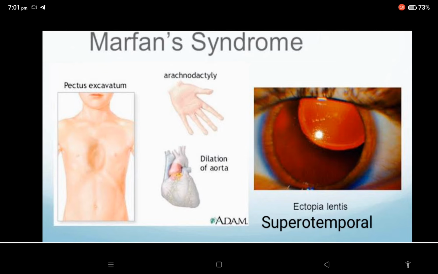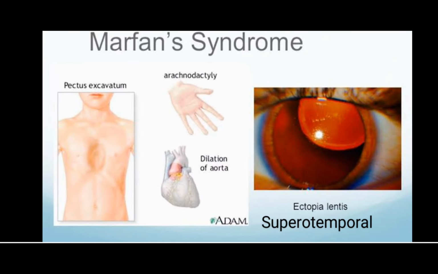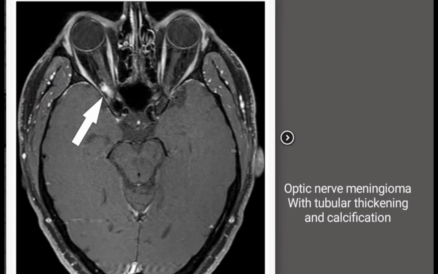Fans out means a fan spreads the air laterally and outwards, so it will be superotemporal. Temporal means lateral. Superotemporal subluxation is seen in Marfan syndrome. Other things we will see are pectus excavatum, dilation of the aorta, and arachnodactyly, long fingers.